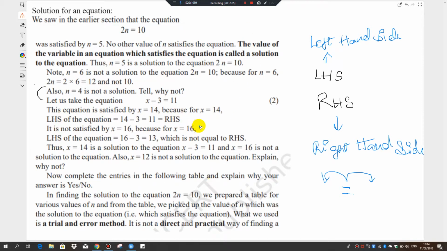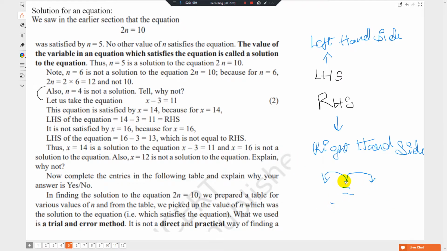Now complete the entries of the following table and explain why your answer is yes or no. You know that right side means the right hand side, left side means our left hand side. In finding the solution of the equation 2n is equal to 10, we prepared a table for various values of n.